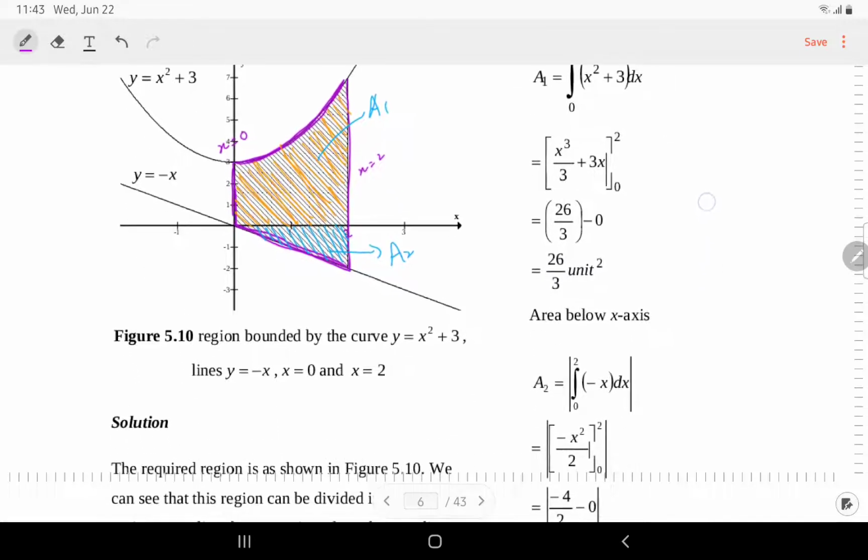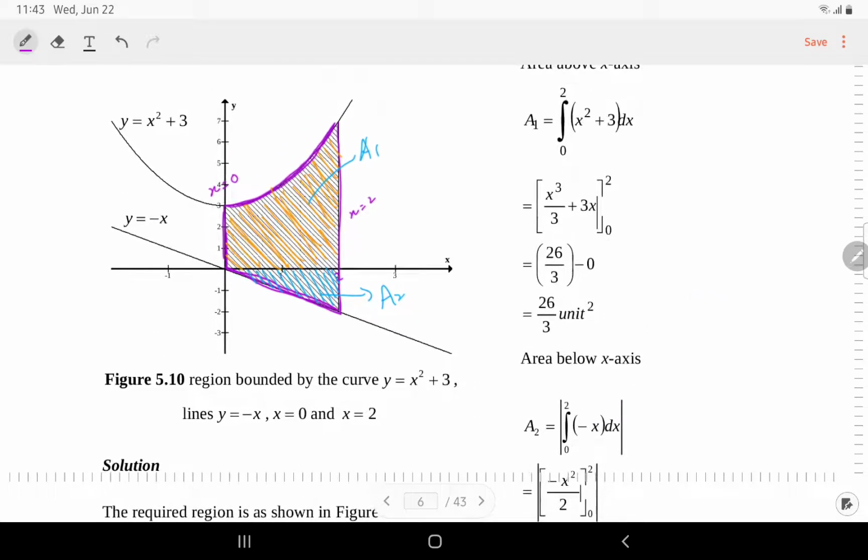Okay, untuk area below x-axis, this one yang color biru ni. Okay, so kita gunakan function yang ni lah sebab dia bounded by this function. Okay, so dia untuk yang area yang below x-axis, dia tak ada kaitan dengan function yang ni lah. Function yang ni untuk yang atas je. So kita masukkan function ni dekat sini.